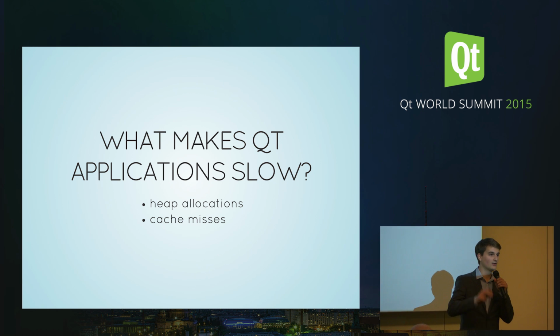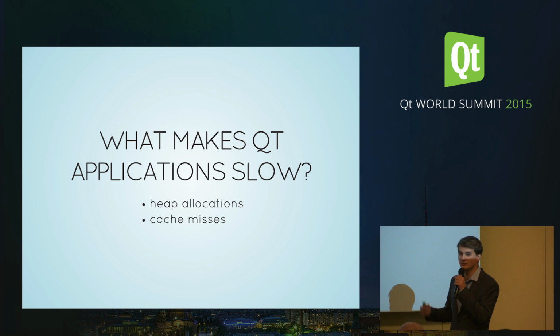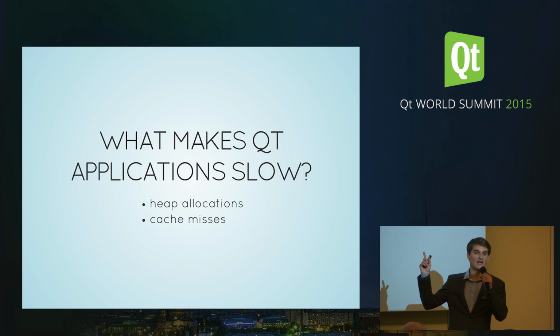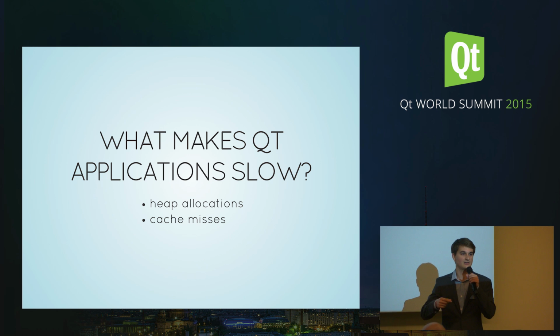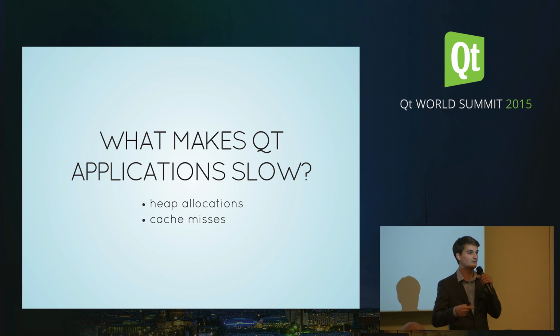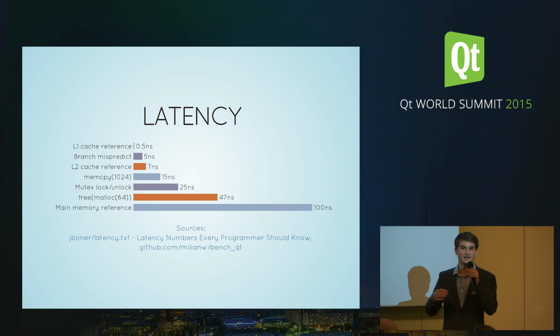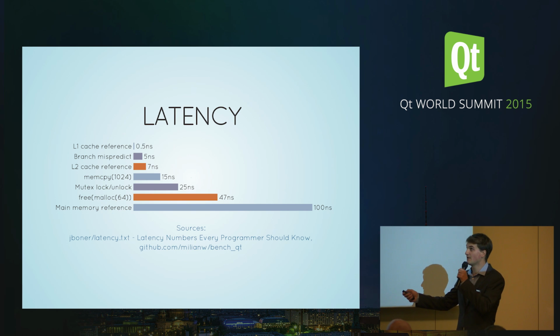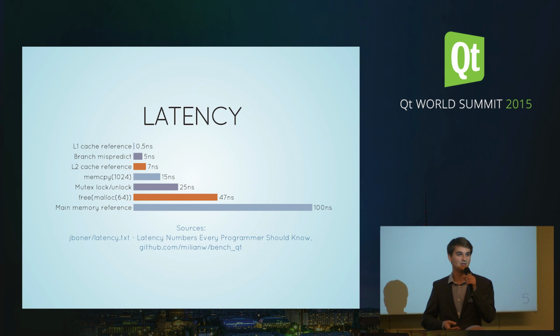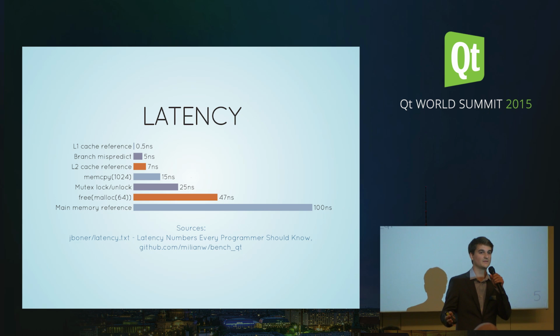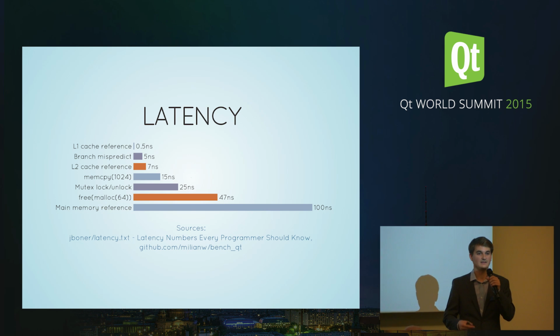Because when you just look at code and try to guesstimate how fast or slow something is going to be, you'll do it wrong. Because these numbers you have to know by heart, and you have to know where they happen and where not, because otherwise you can easily misjudge by multiple orders of magnitude how slow a given code will be or not. For example, you often hear, yeah, of course I need to do heap allocation so I can prevent expensive copies, right? But if something is already an order of magnitude faster to copy around, if you can minimize copying, maybe using C++11 move semantics, then you don't have these issues.